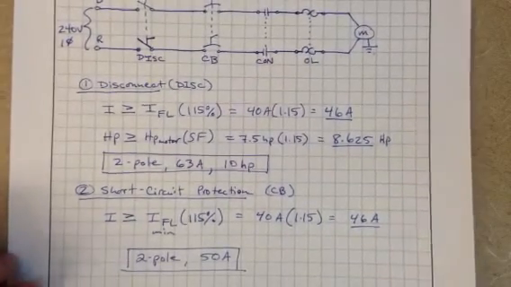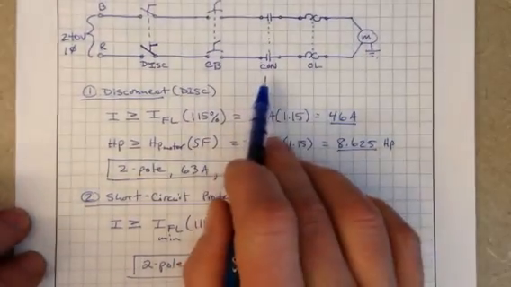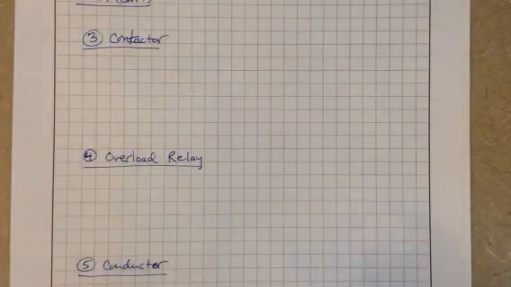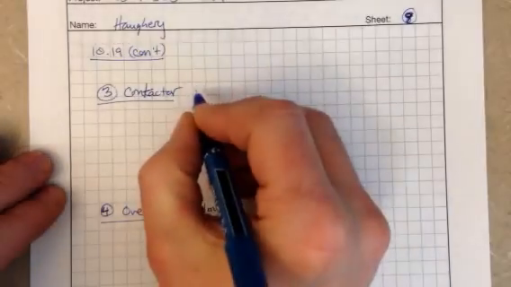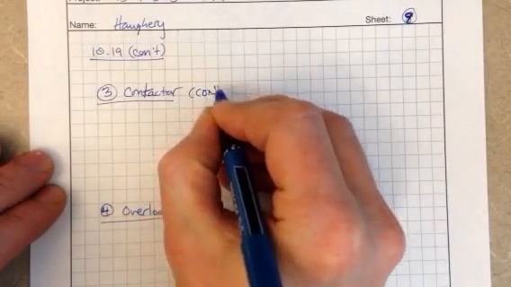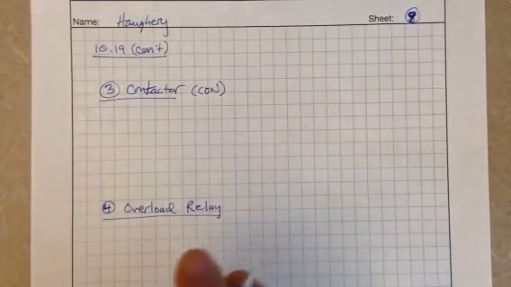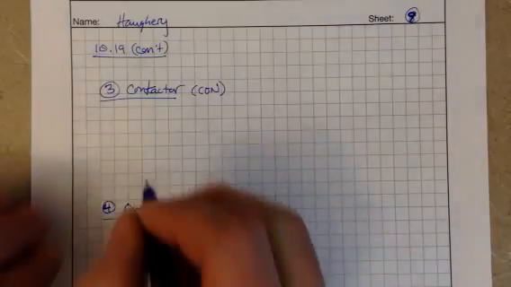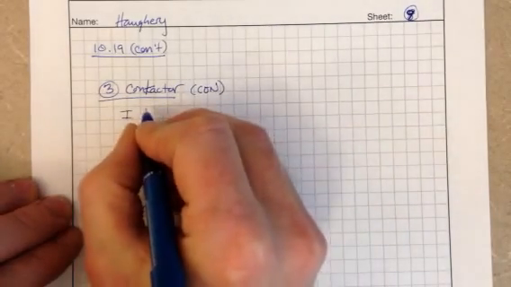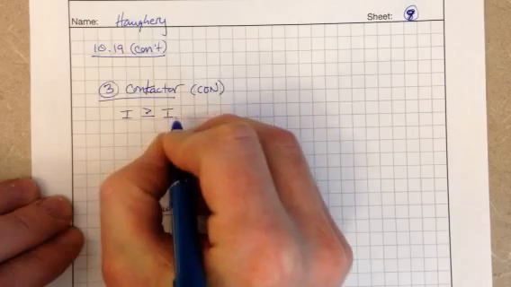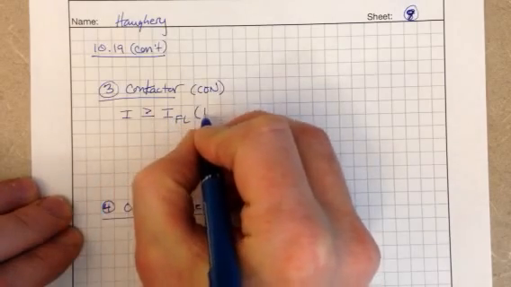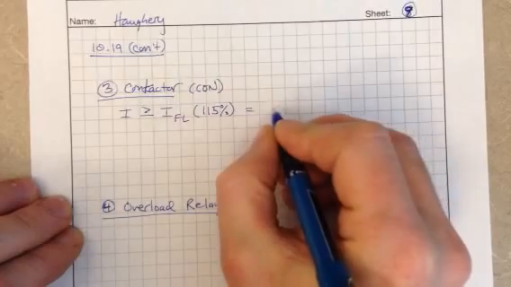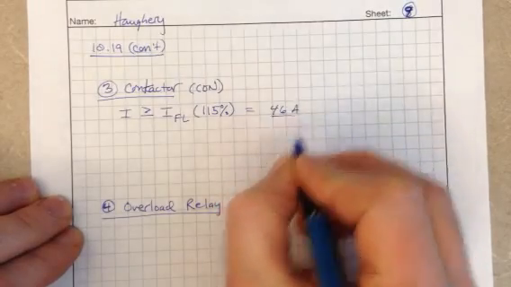And now we're going to turn to our contactor. It's the third element in the circuit. That's our CON. For contactors, we need a current rating greater than or equal to, again, the full load current times 115%. So what we found, that's going to be our 46 amps.